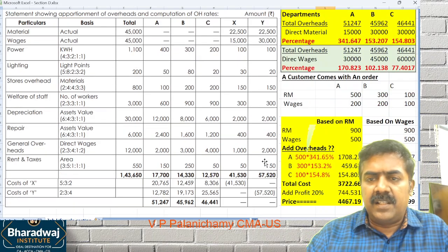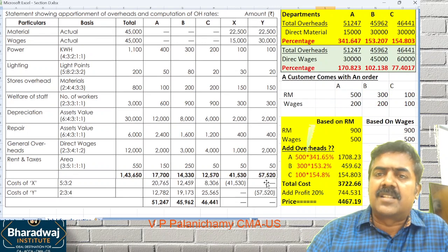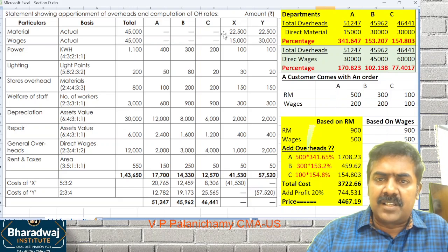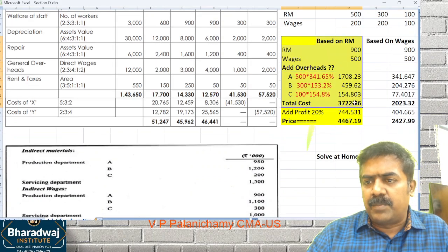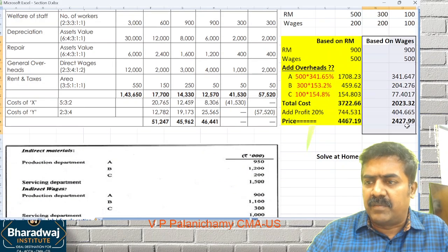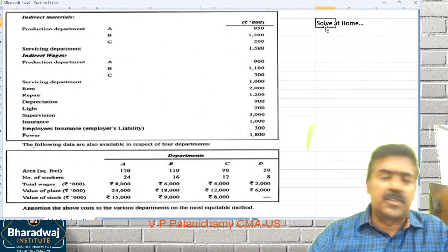Next class we will see the service departments rendering service to production departments. X will render service to production departments as well as other service departments. Y will render service to production departments as well as X. We are also going to see how to absorb overheads based on material and wages, which we learned today. Overheads can be absorbed based on other methods also.